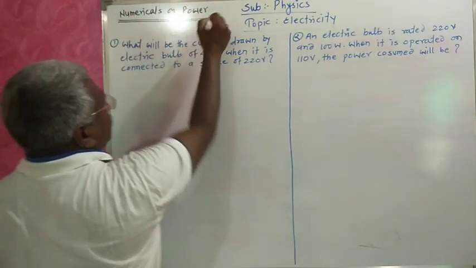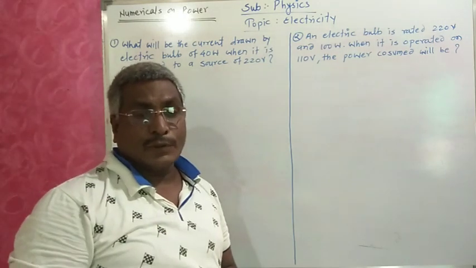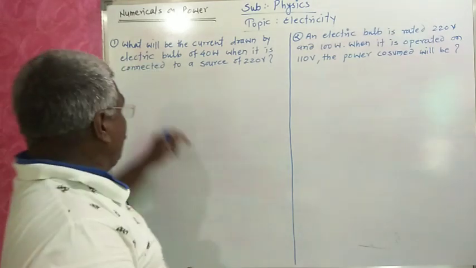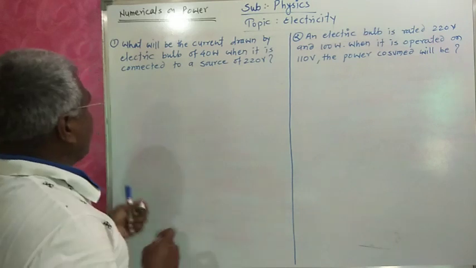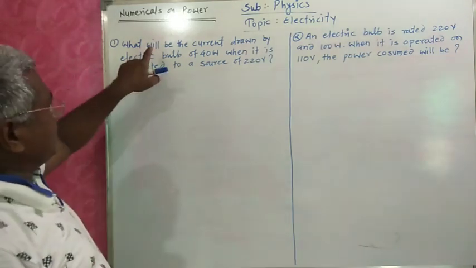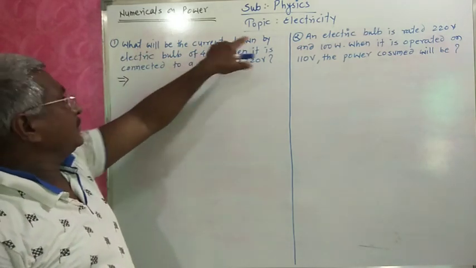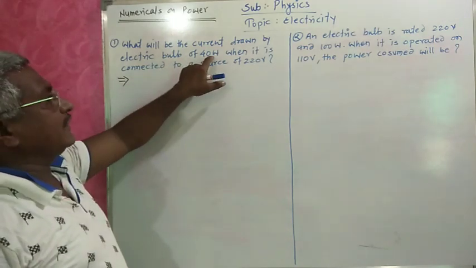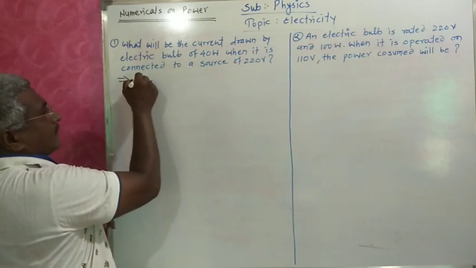So how to solve the numericals? Already I told you, while solving numericals, first we have to write the given part. The question: what will be the current drawn by an electric bulb of 40 watt? 40 watt means it is the given power.